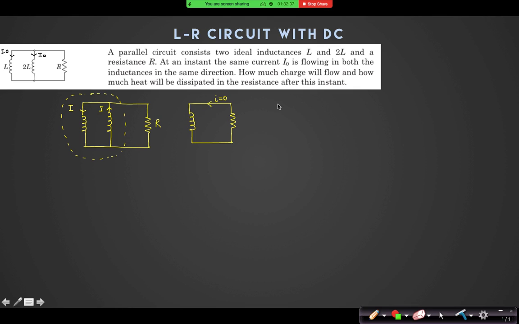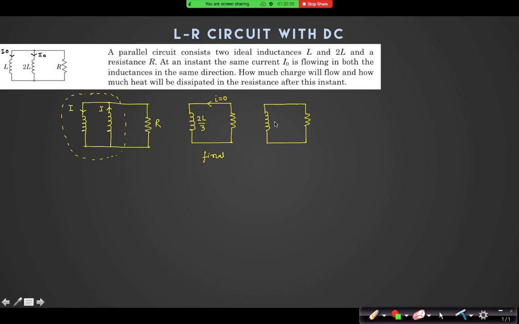Right? So you have to think about the equivalent circuit, right? Equivalent of the inductors, 2L by 3. Finally, in this equivalent circuit, it is 0, final.